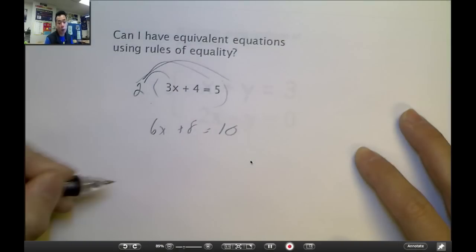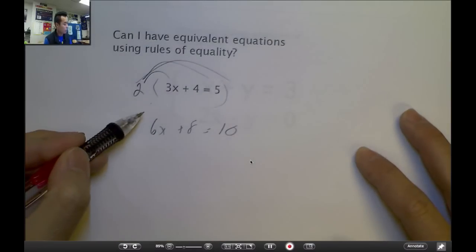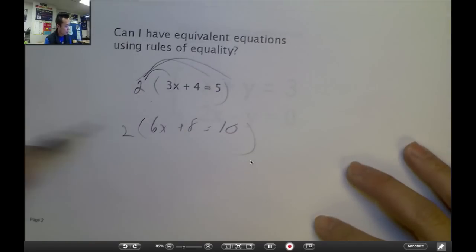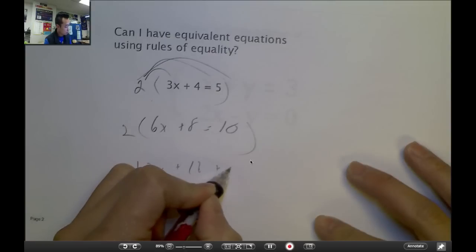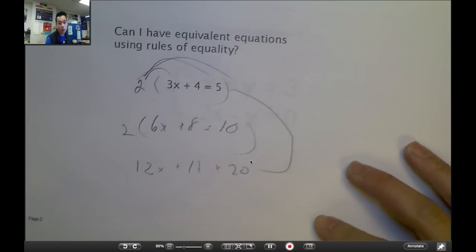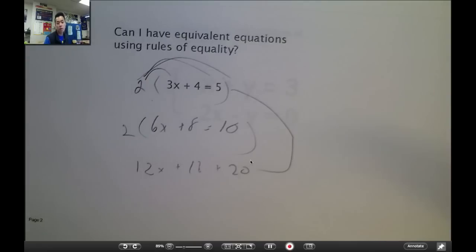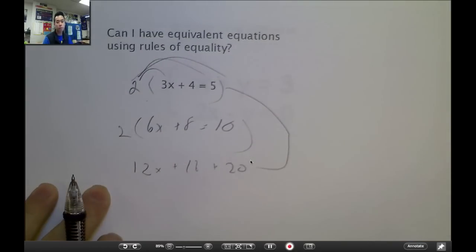These two are equivalent to each other because if I divide each of these terms by 2, I get the original equation. So these are multiples of each other. If I do the same thing with this one, if I multiply that by 2, I get 12x plus 16 equals 20. Again, these two are therefore equivalent. Equivalent expressions or equivalent equations, just as long as you do everything equally on the left side and the right side. All right?